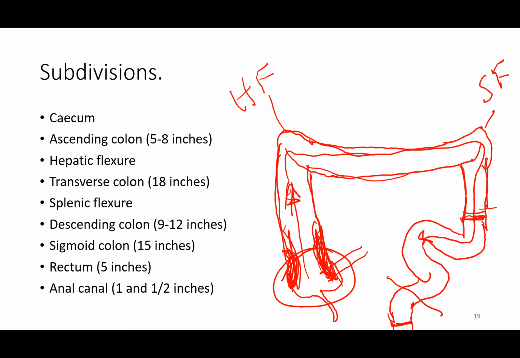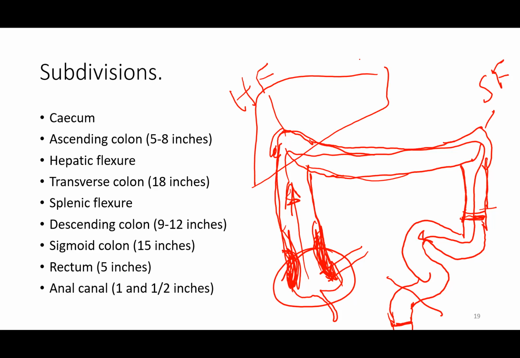So the cecum, as we mentioned, is the most dilated portion of the large intestine. The ascending colon is about 5 to 8 inches. The hepatic flexure, because the liver is here, is related to the liver, hence called the hepatic flexure. And you will see the significance of this shortly. Then the transverse colon is about 18 inches.